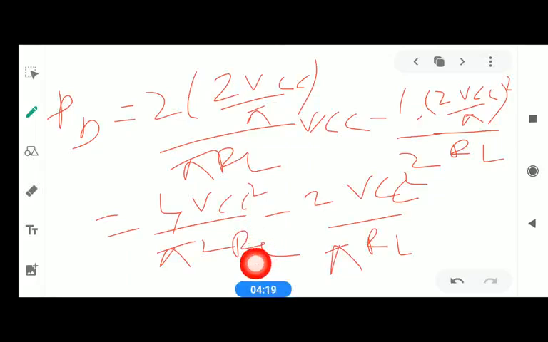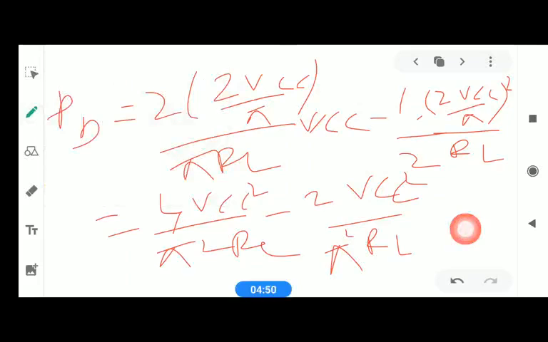RL is as it is, and 2 into 2 will be 4. So 4 VCC square by pi square RL minus. Squaring the 2 is 2 into 2, which becomes 4. So 4 gets cancelled, which gives you 2, and VCC squared is VCC square, pi squared is pi square, and the pi square comes down here, which is pi square here.